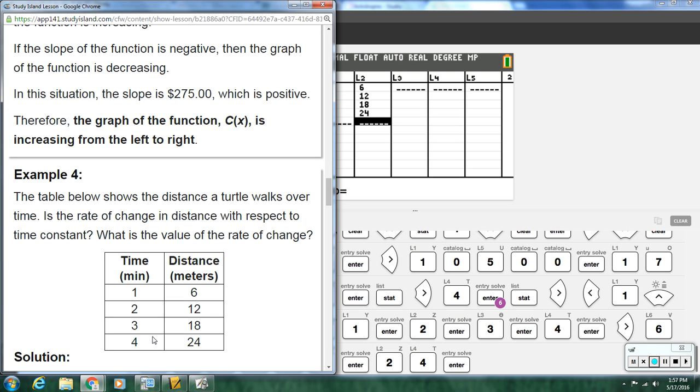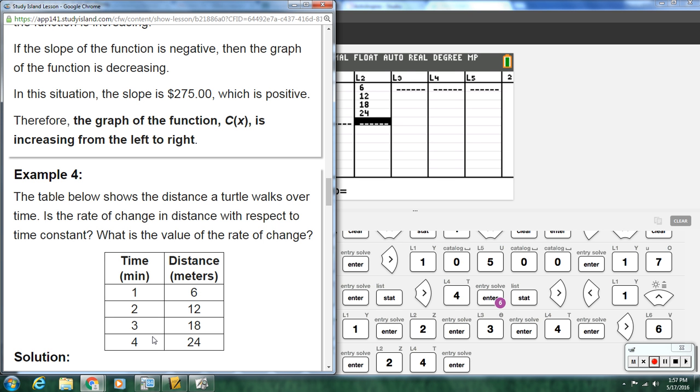Does a turtle start out really slow and then go up really fast? No, a turtle does not speed up really fast. That's an exponential. Does a turtle start out really fast and then drop down to really slow? So it's not an exponential. Does a turtle speed up and then slow down? No, so it's not a U, it's not a quadratic. It's a straight line.